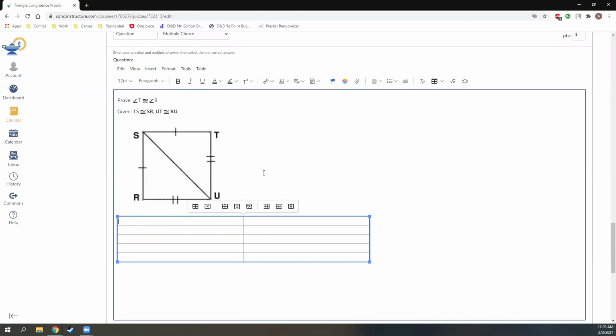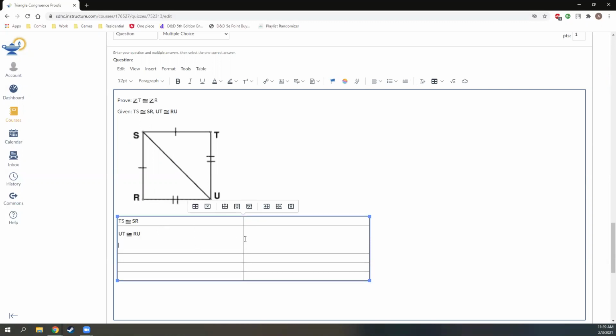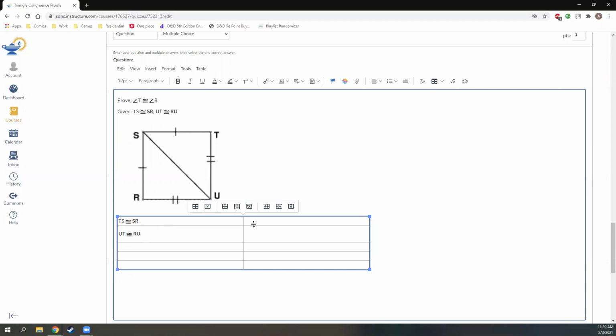But the very first thing you should always do in a proof is look at what was given to you and copy it. Literally, that's what I'm going to do. It goes down here in the proof. These are the things that were given to me. And since they were given to me, I know them because they were given to me.